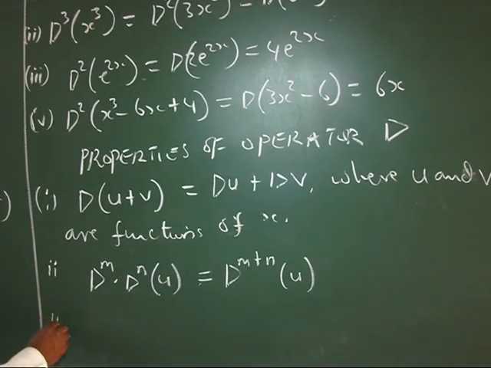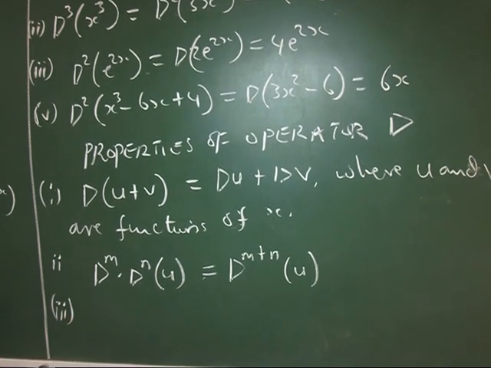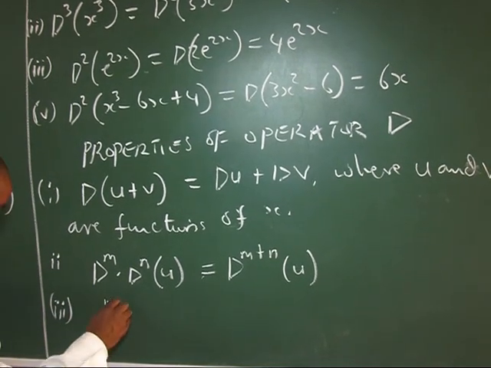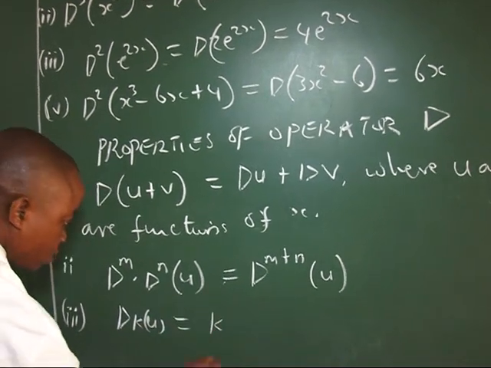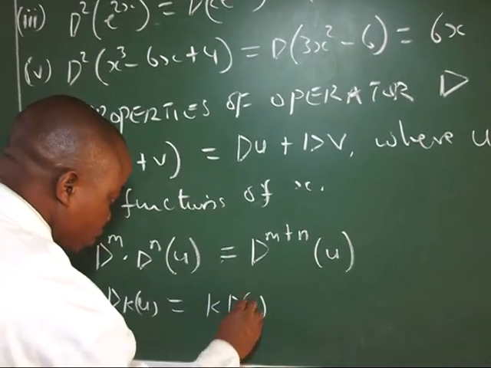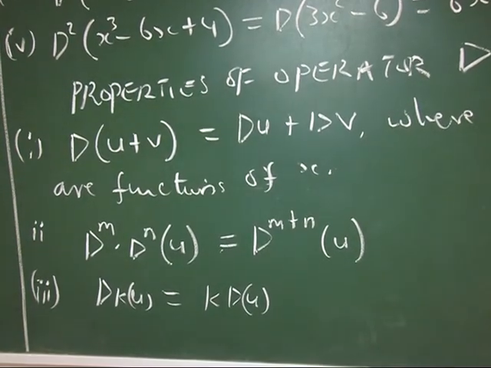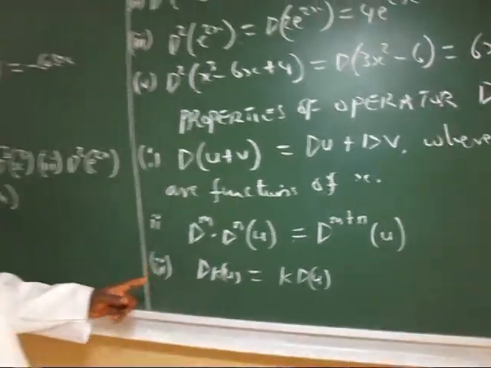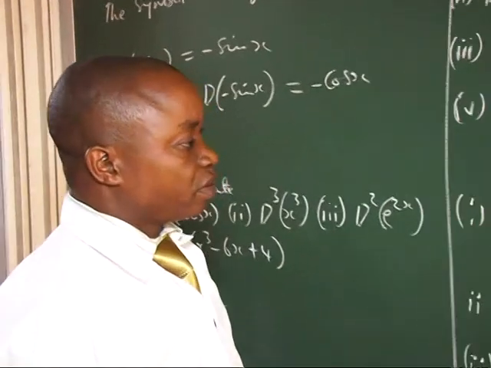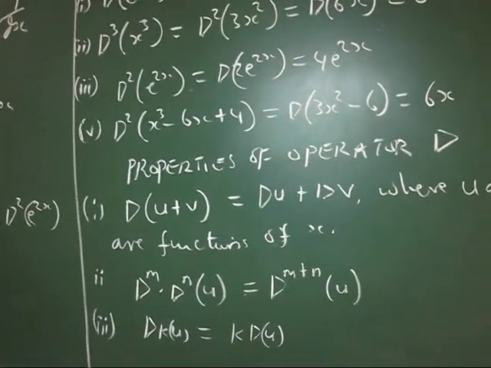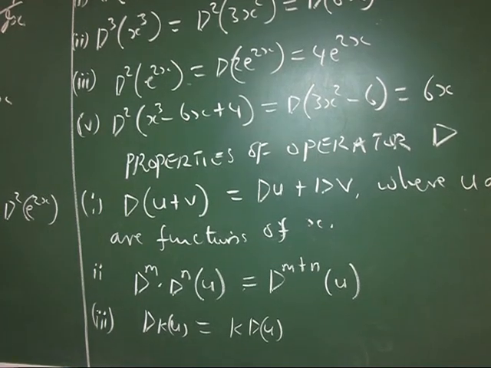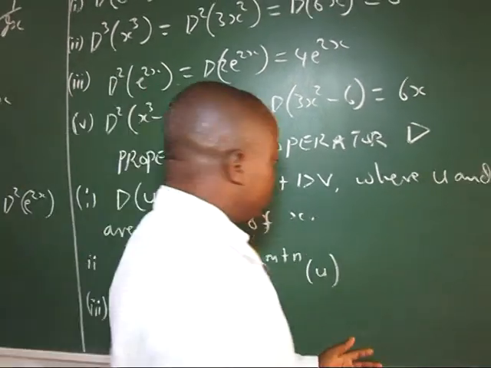Is property number 3. If I have D(ku) equal to k·Du, that means the operator D is a linear operator. And don't forget that D does not have a value of its own.